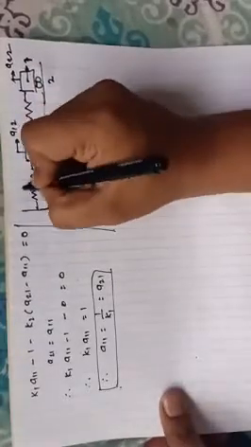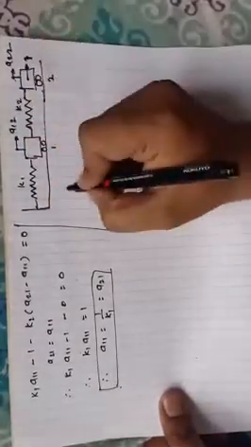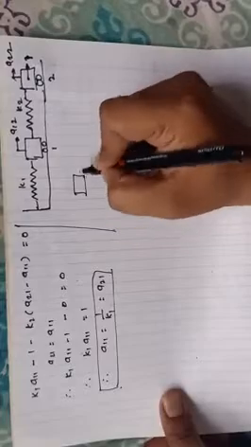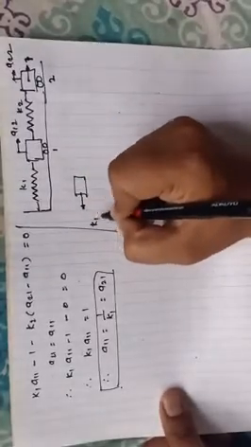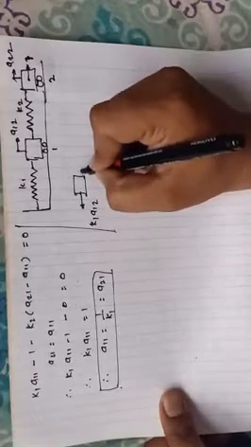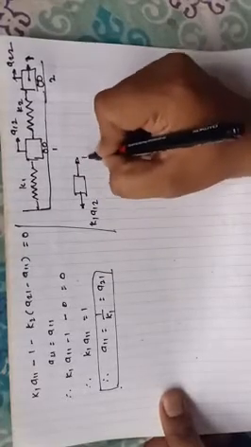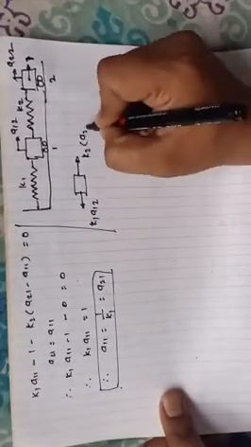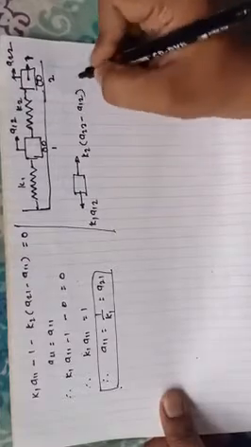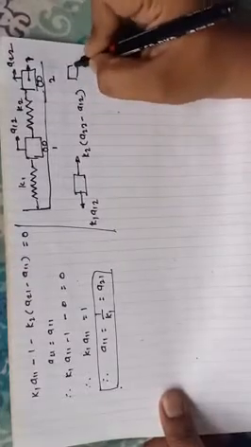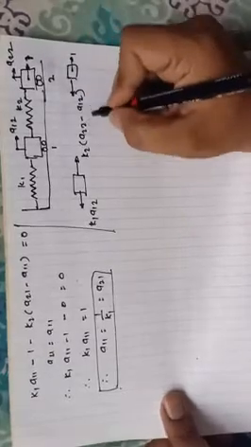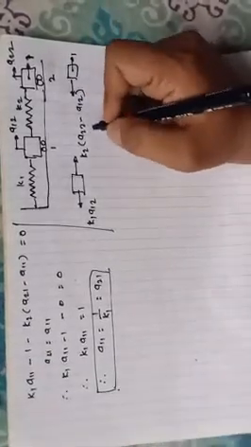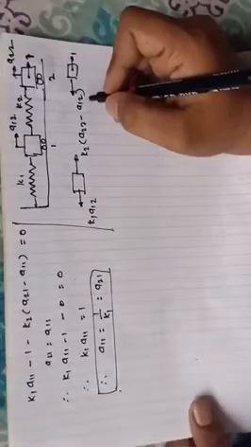So let's first draw the free body diagram. That will be K1 into A12, there will be K2 into (A22 minus A12). So there will be the unit load and the opposite force will be the same, K2 into (A22 minus A12).